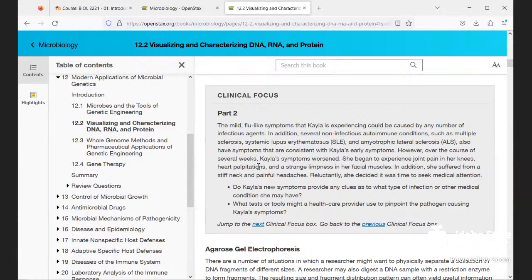Over the course of a few weeks, her symptoms start to worsen. She's got joint pain, heart palpitations, strange limpness in her facial muscles, so a little bit of paralysis, stiff neck, headaches, and this is what truly warrants going to the clinic, all right?